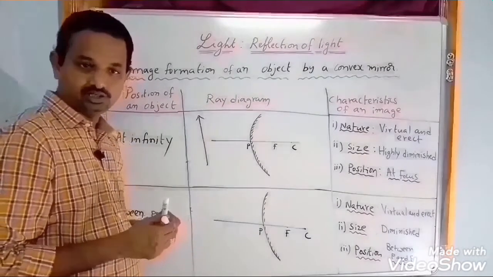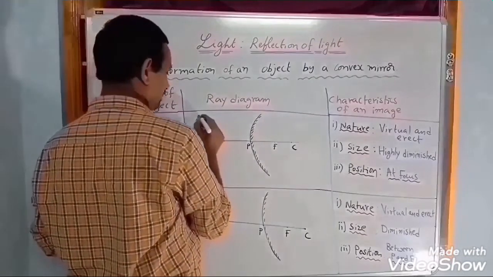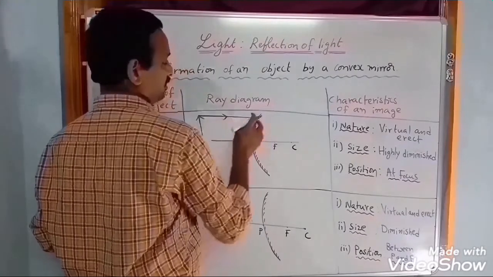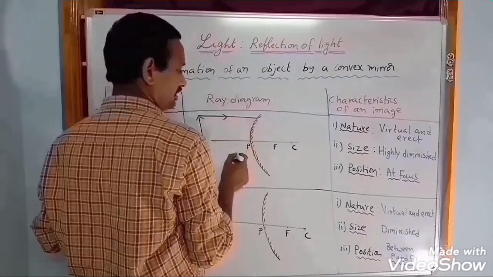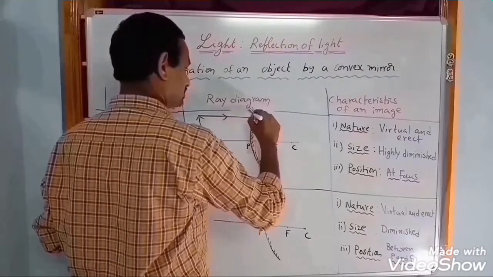For the first ray, I am taking the first rule, that is, a light ray passing parallel to the principal axis of a convex mirror. After reflection, it appears to come from the principal focus.